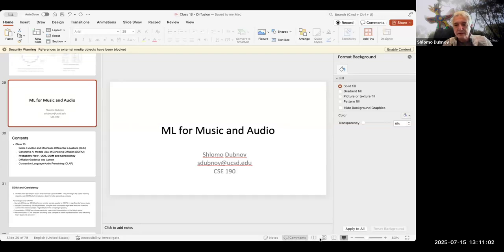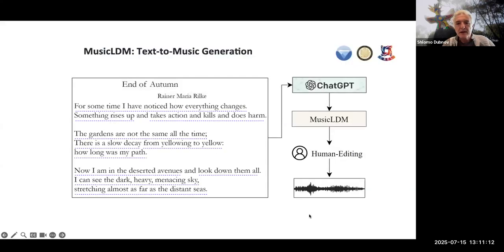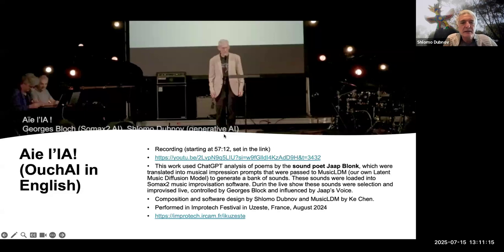So the next one, okay, I jumped out of the presentation view. Yeah. Another example with sound poetry. Jaap Blanc, he is a sound poet, a very famous one. He actually composes these texts, which are sequences of very abstract symbols.